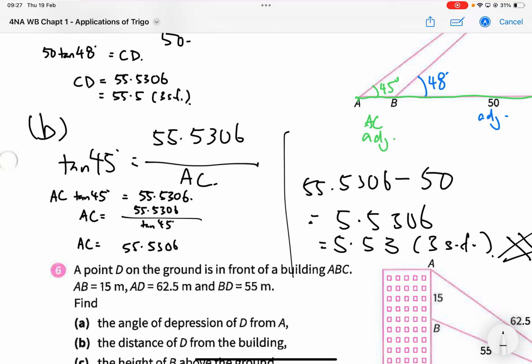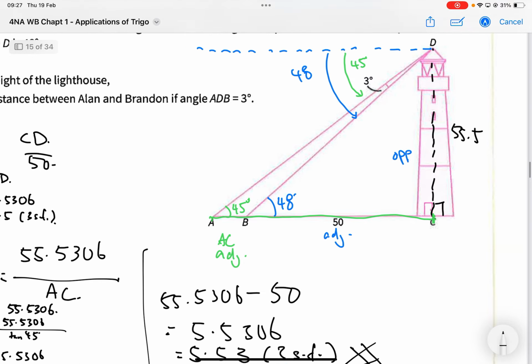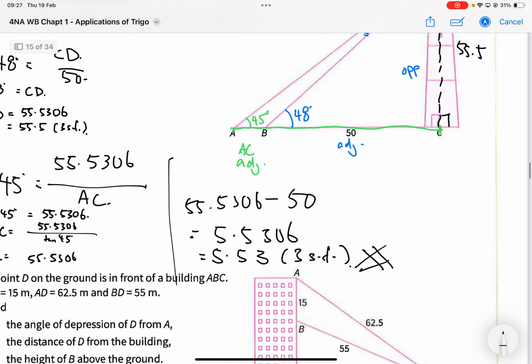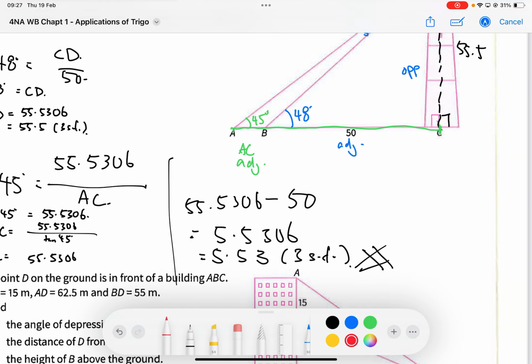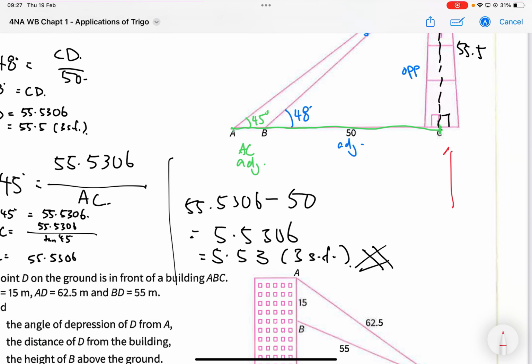Okay, for those of you who are wondering how come 55.5306 divided by tangent 45 is still 55.5306, if we look at the picture, let me draw this. Here is 55.5.